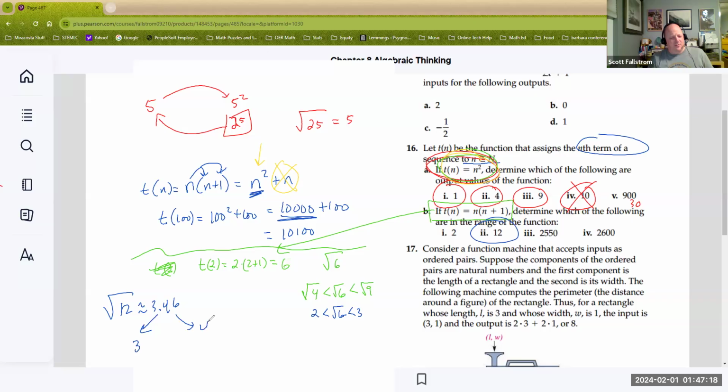It has to be between two whole numbers. So I'm going to say it's between 3 and 4. And so you can check, 3 times 4 is the same as 3 times 3 plus 1. And you can say, oh yeah, that actually does fit perfectly, because it turns out 12 is the same as 3 times 4. And that is what I would be putting in.